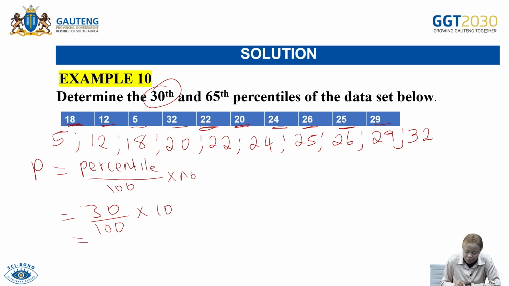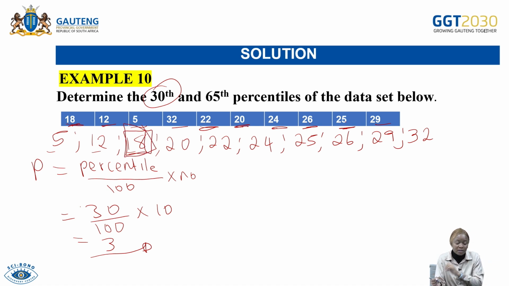That's 10. If I multiply there, I get 3. So it means in position 3, I will get my 30th percentile. So I go to my data set, 1, 2, 3.